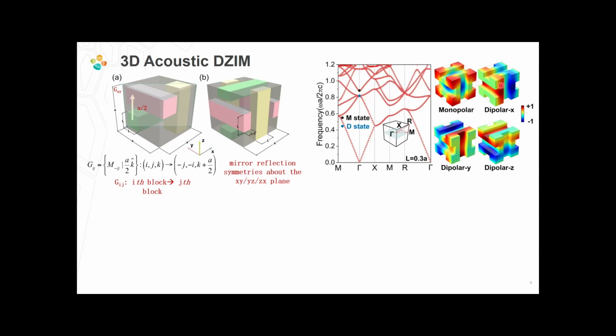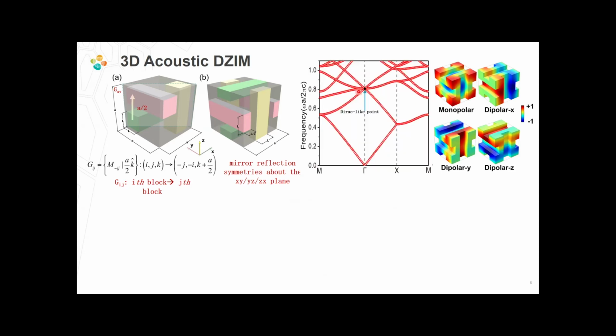This is a monopole, and these three are dipole because this is three-dimensional, and also in a cubic lattice the X, Y, and Z directions are identical. This gave us some hope because these are very close. If we alter the geometry, we can change the frequencies. And indeed, for a certain geometry, the ratio of the rods and the lattice constant, we found that these four modes degenerate.